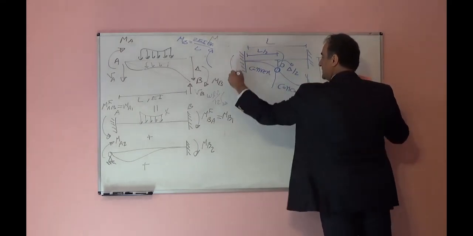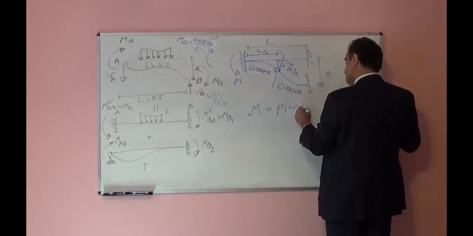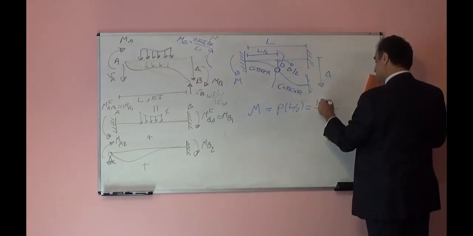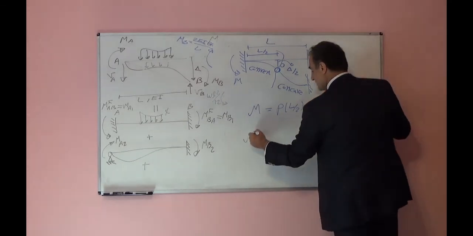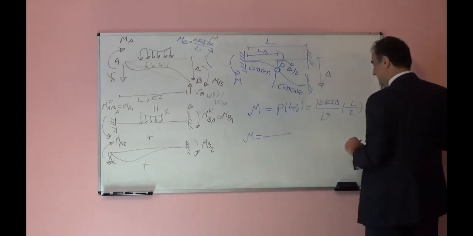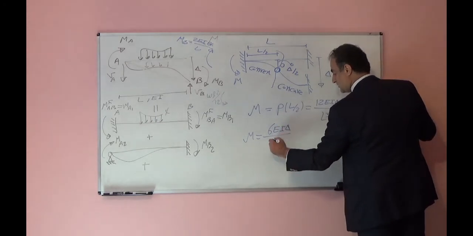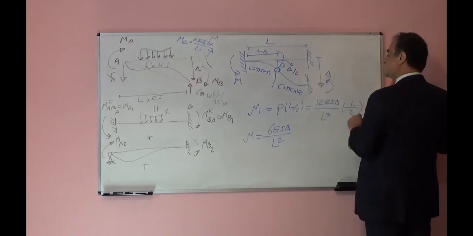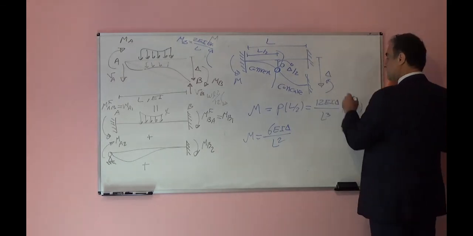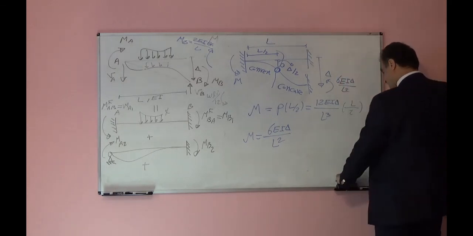So the moment here, M, will be P times L over 2, because P was 12 EI delta over L cube, times L over 2, and will be equal to 6 EI delta over L square. And for the same reason, the M here at the other support again will be 6 EI delta over L square.